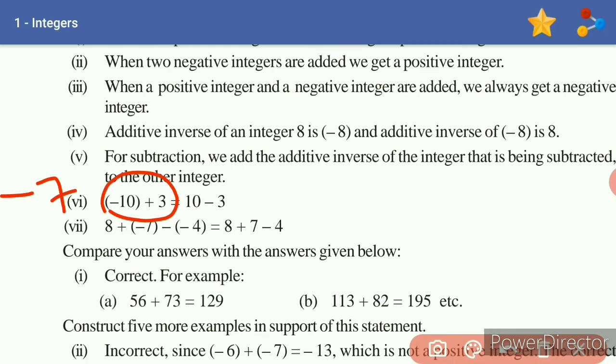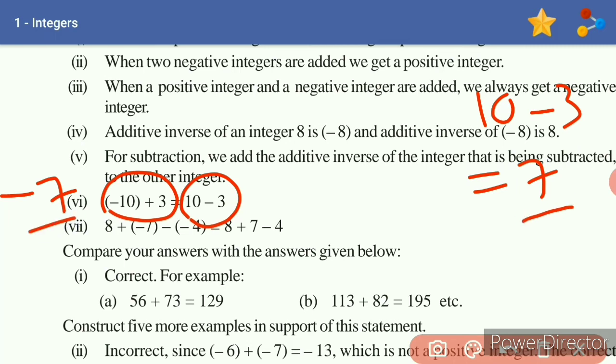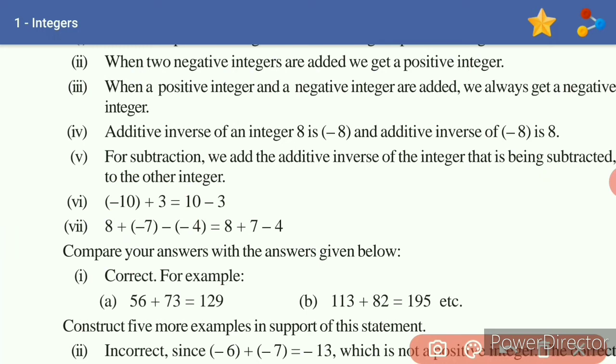Now, what about 10 minus 3? Of course, 10 minus 3 is 7. So minus 10 plus 3 is minus 7 and 10 minus 3 is 7, so they are not equal, so this statement is not correct. Okay, next, 8 minus 7 minus 4 is equal to 8 plus 7 minus 4.